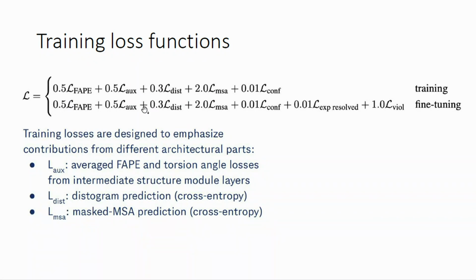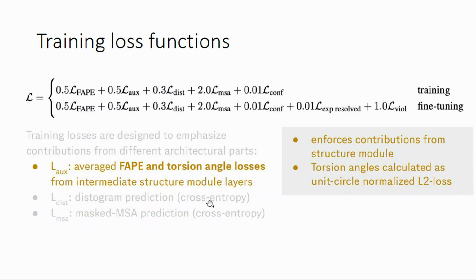This is the auxiliary loss. And the distogram prediction, which, as I mentioned, you can easily make a cross-entropy loss because you have one-hot targets. They also additionally tried to train the MSA module better with this masked MSA loss, like what we previously talked about with MSA Transformers, exactly what MSA Transformer uses to train its MSA module.